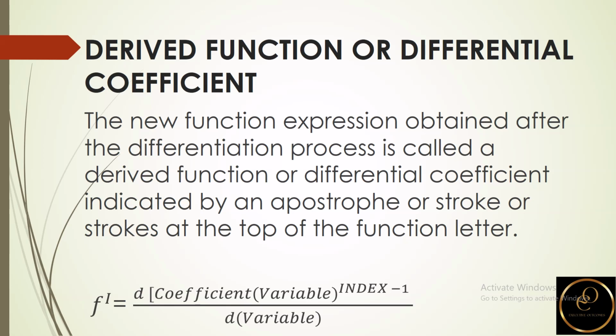This is indicated by an apostrophe, a single stroke or double stroke, at the top of the function letter, like we have indicated here, f with one stroke equal to the function which has been differentiated. So a new function has been created.